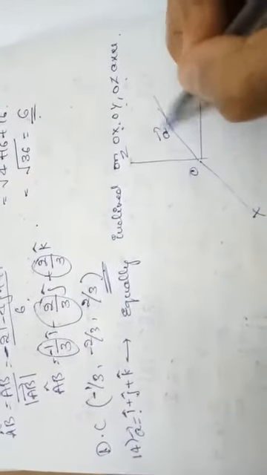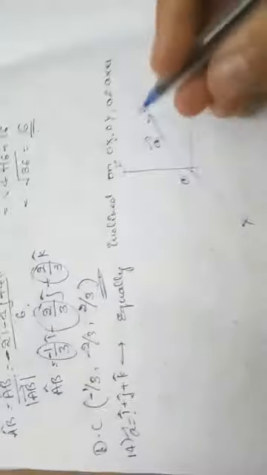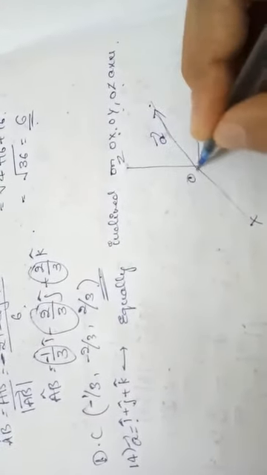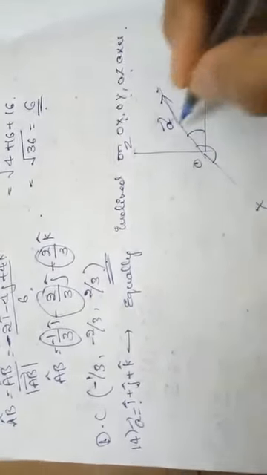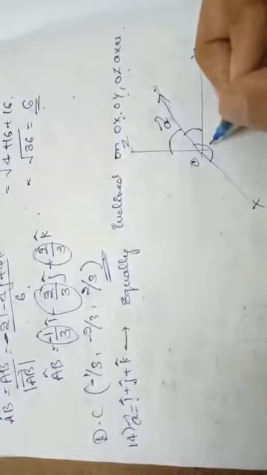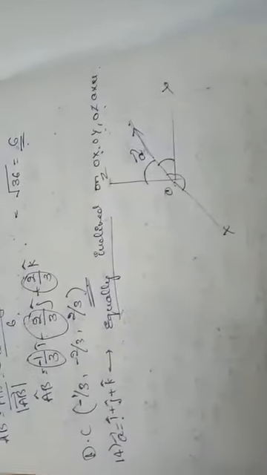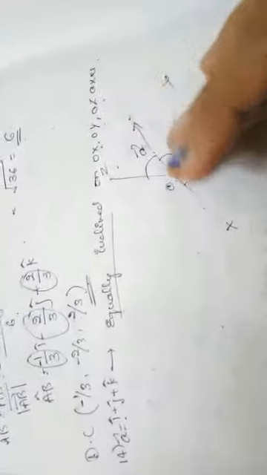Suppose this is our vector A. It is equally inclined means whatever angle is made by this vector A with respect to the X axis, Y axis and Z axis, all these angles are the same. We need to show that.